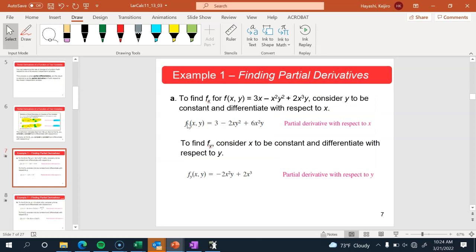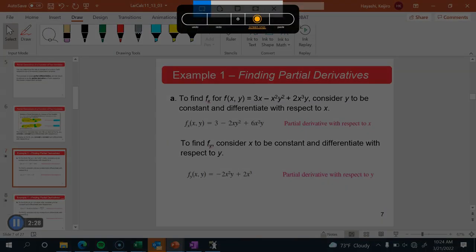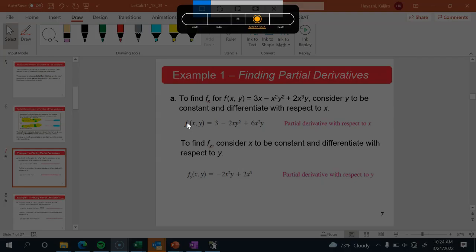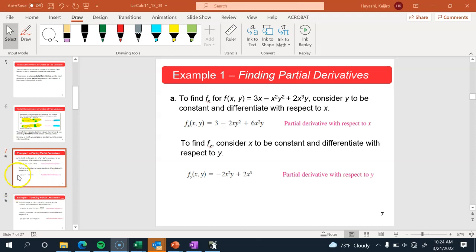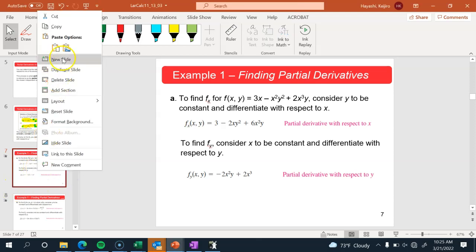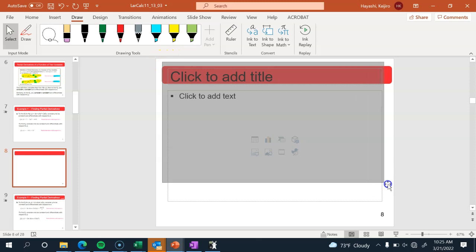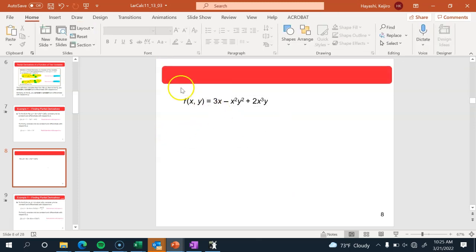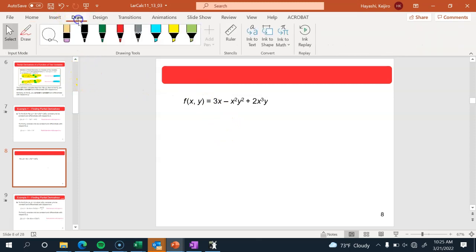Alright, so we will take this function and find the partial derivative with respect to x and then with respect to y. This looks like a complicated function, but partial differentiation actually simplifies this process quite a bit.